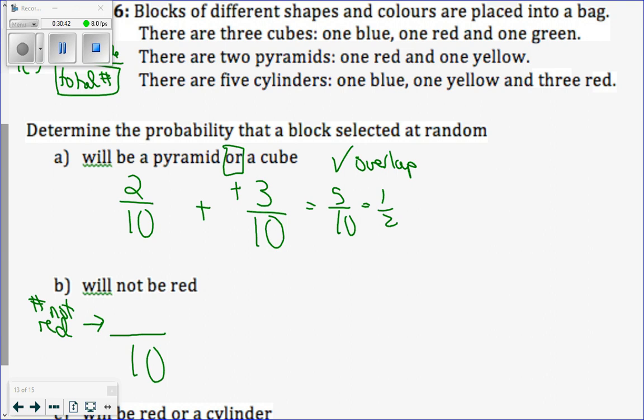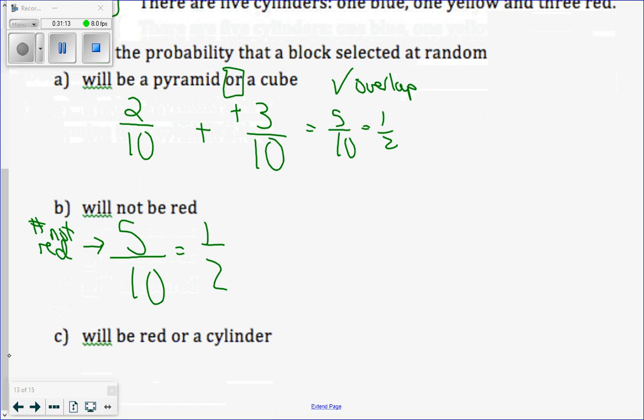So how many shapes are not red? 5. So again, you got a 1 in 2 shot of selecting something that's not red. So this unit, just like in the perms and comms unit, every once in a while they'll huck a lesson 1 question in there. Don't overthink it. It's what you want over what could happen.